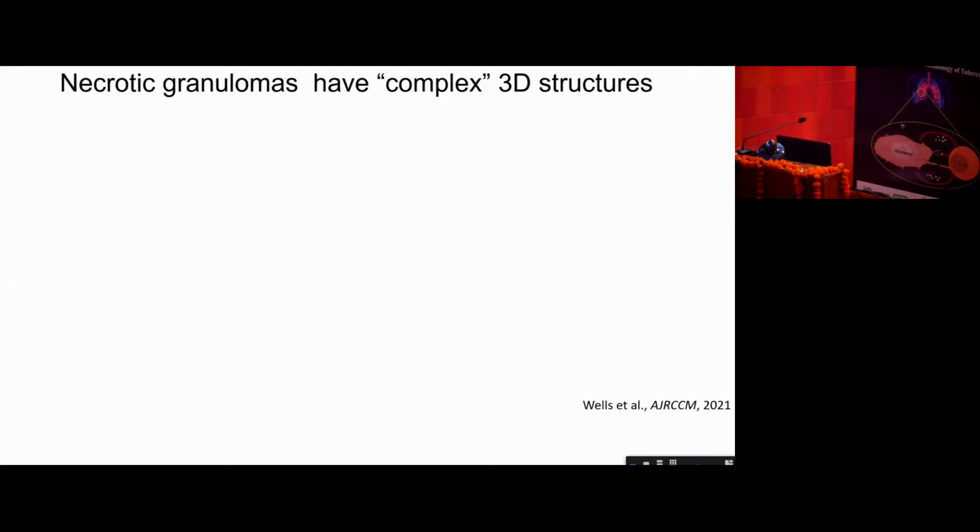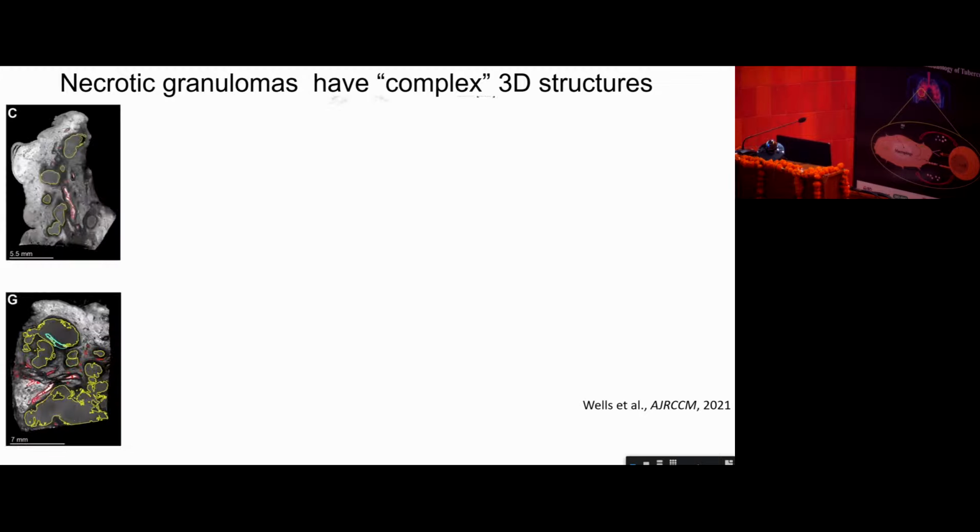Necrotic granulomas have complex 3D structures, and again, this is something that we've already published, so I'm going to go through it quickly, just one slide on it. When you look at these 2D images with a micro-CT scan, you can see these grayish necrotic areas, which immediately raises the issue that the granulomas might not be spherical, because there's the potential that they might be tubular.